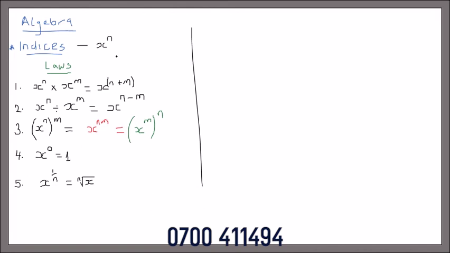Maybe before we continue, an index has two parts. We have what we call the base, and then we have what we call the power. So x is the base here, and n is the power in this case.